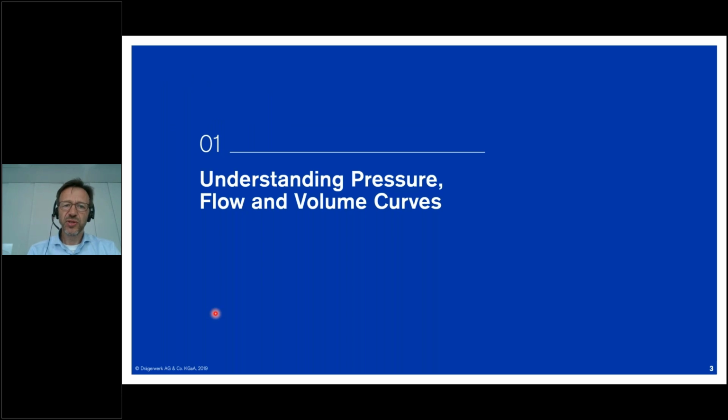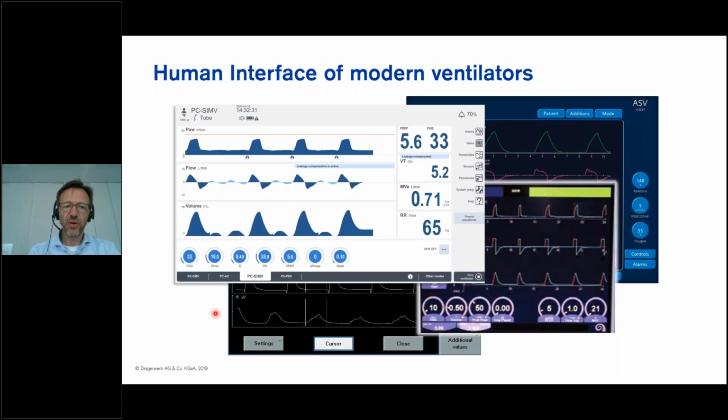Let me start with the first part, understanding pressure, flow and volume curves. You see here on this slide screenshots of different neonatal ventilators. In the back we have the Hamilton device, a Viasis device, and a Gettinger Servo I device, and here in the front we have a screenshot of the Babylog VN600.